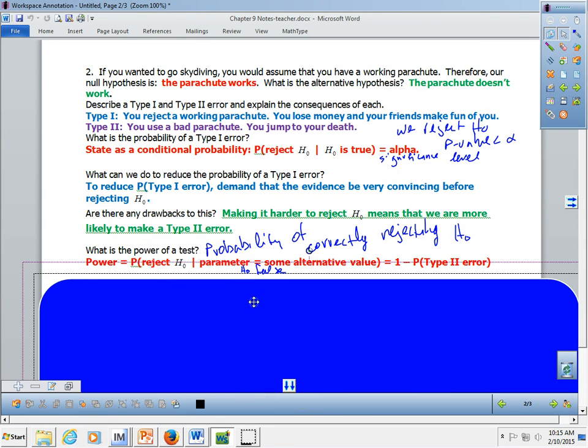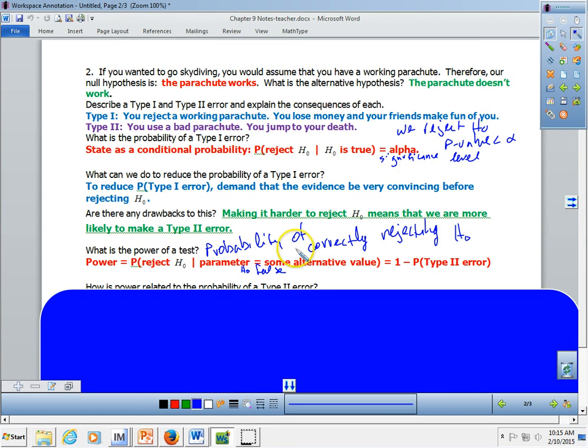If you look at this in terms of a conditional probability, a type 2 error is the probability that we fail to reject H0 given that H0 is false, right? That's a type 2 error. It's the probability that we fail to reject H0 even though we should have because H0 is false.